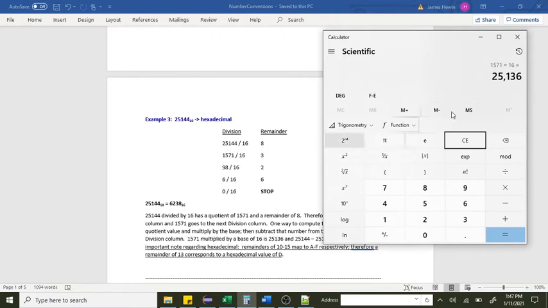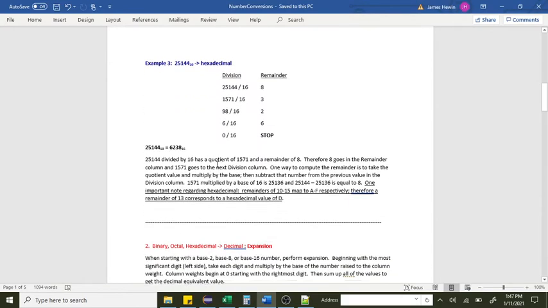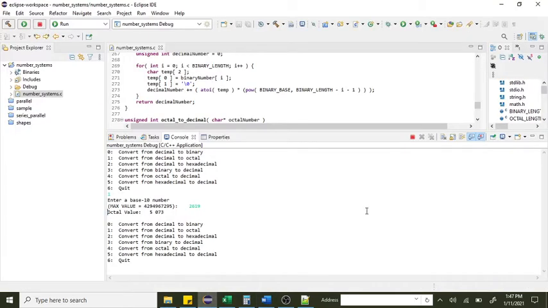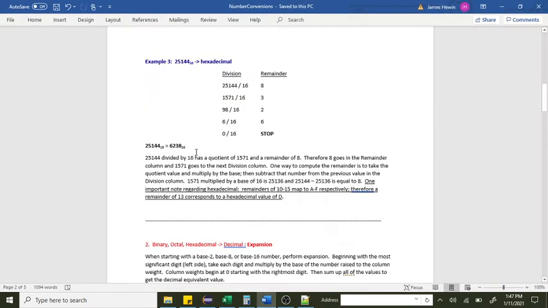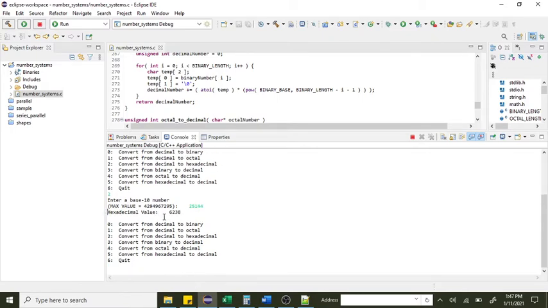So my remainder is 8. And so once we do that, 25144 base 10 is equal to 6238 base 16. So if I do base 10, 25144, I get 6238 in hexadecimal.